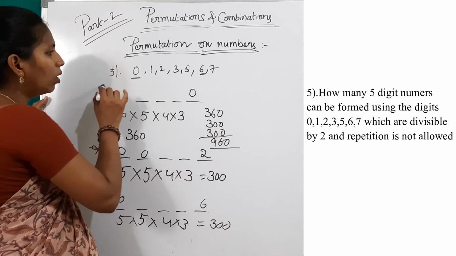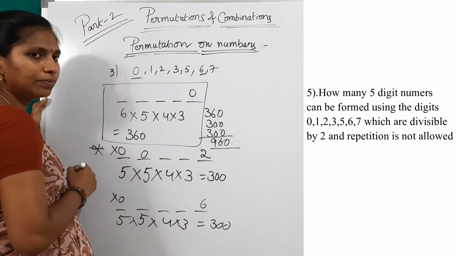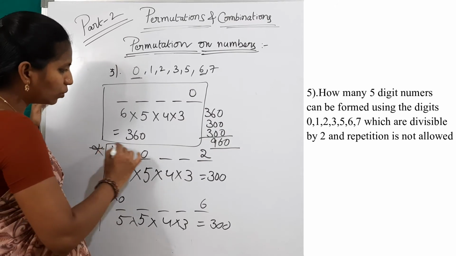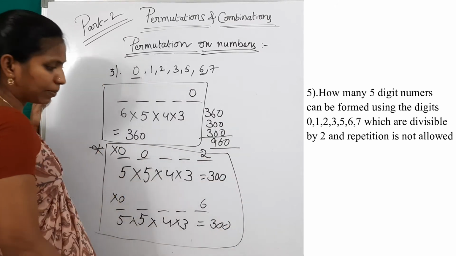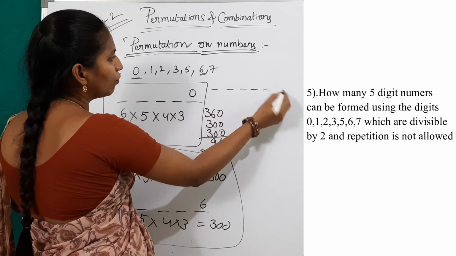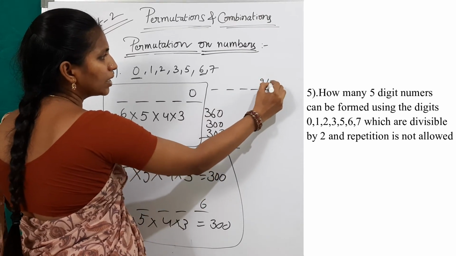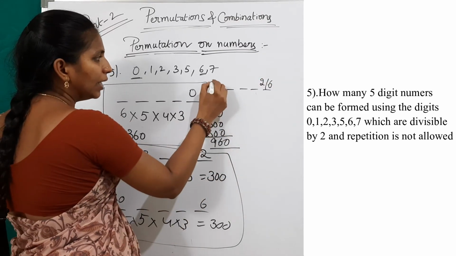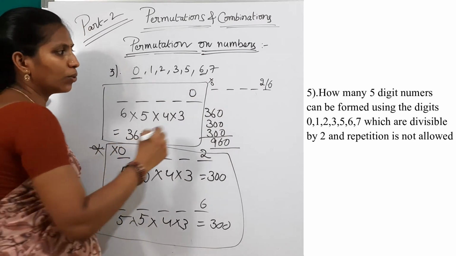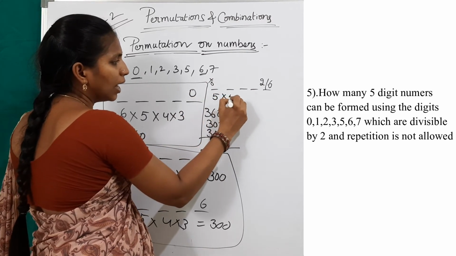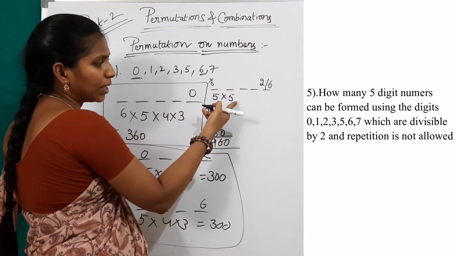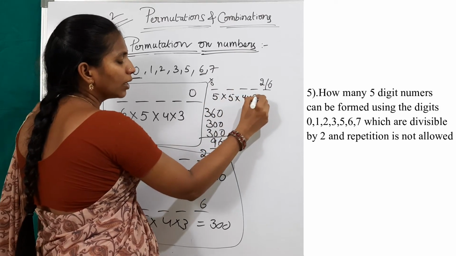For 0 write this separately. For these two write in a single step. 1, 2, 3, 4, 5. 2 and 6. And here don't write 0. So 5 cases. And we can write 0 in this place. So 5, 4, 3.